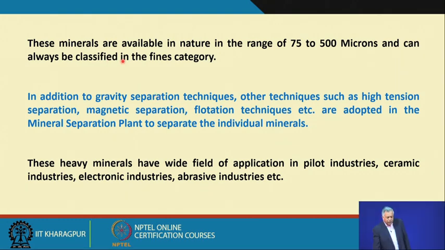These minerals, now look at the sizes, are available in nature in the range of 75 to 500 microns and can always be classified in the fines category. That means they are fine materials.